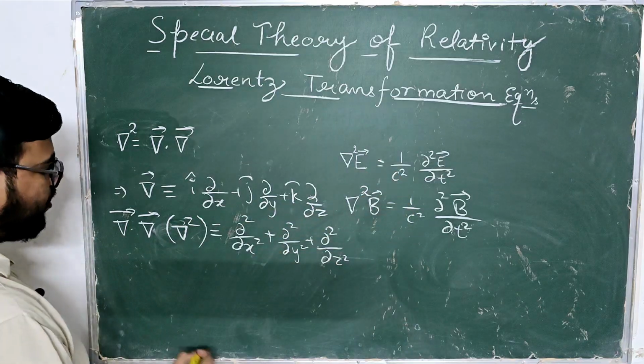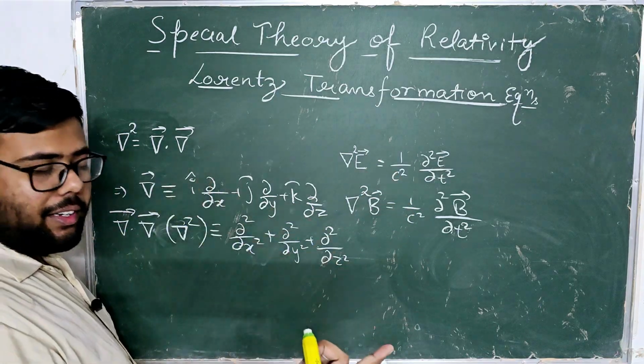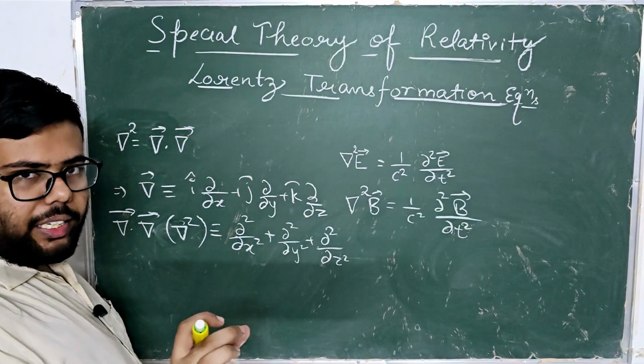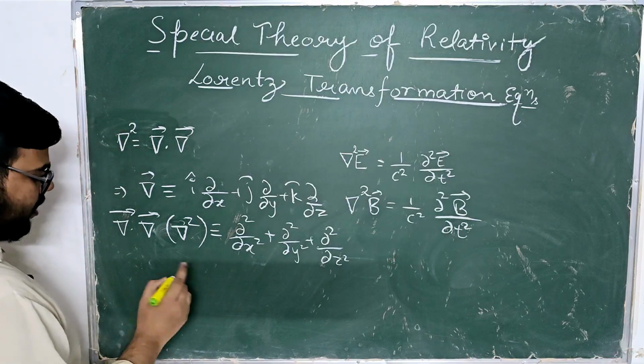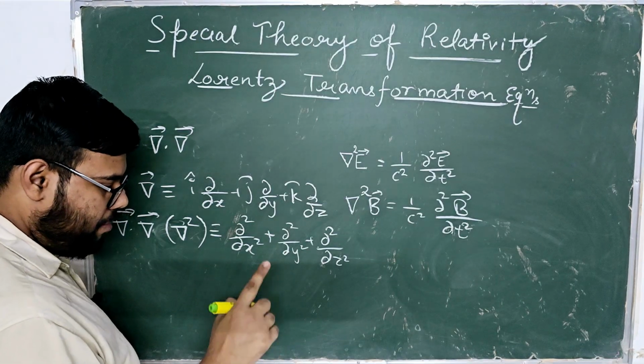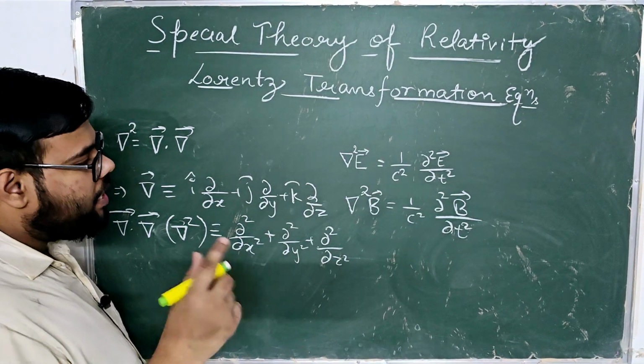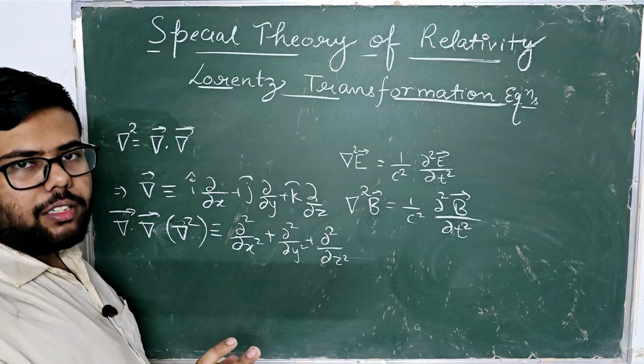So this is the operator, and when it is applied on the E vector, what will you get? We apply an operator on a vector. If you don't know about operators, I've made a one shot on quantum mechanics in which I've discussed what operators are. You can watch that.